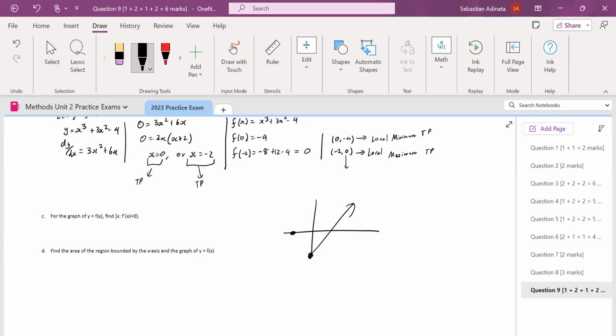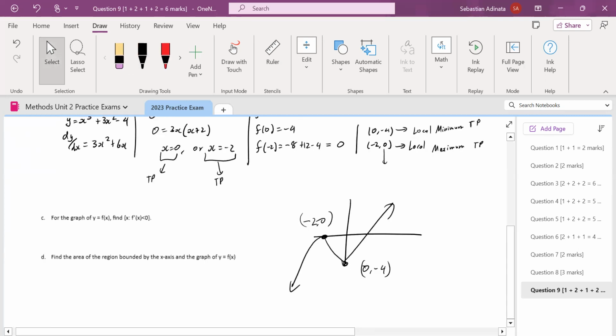So it's going to look roughly like this. This is a very rough sketch, but if this is a local minimum at 0 and -4, everything else has to be going upwards. And if at -2 and 0 is a local maximum, everything else is going downwards.